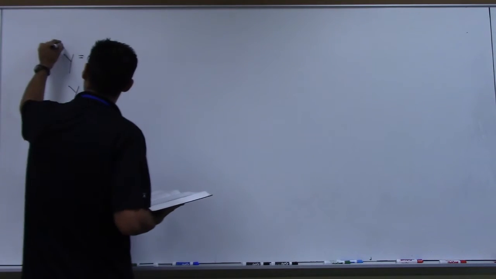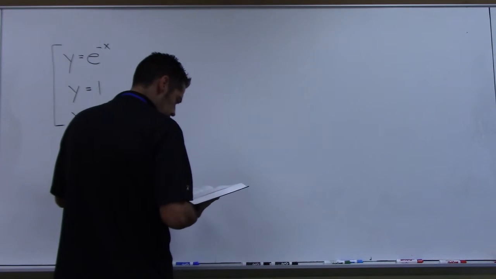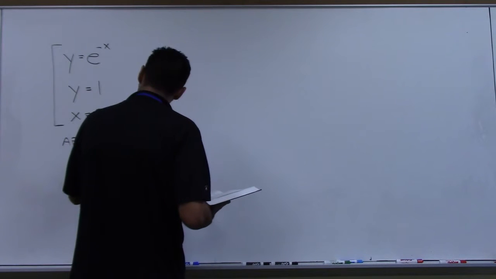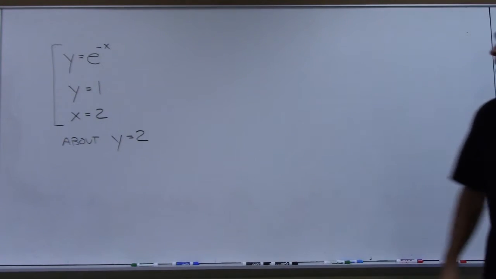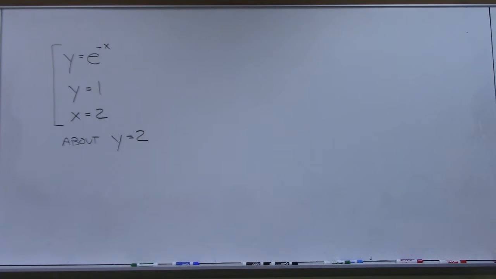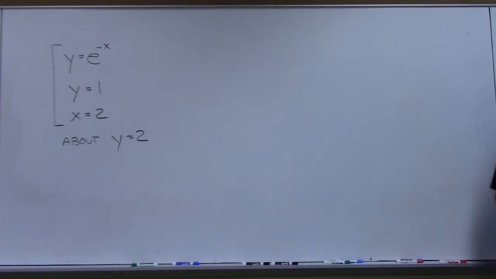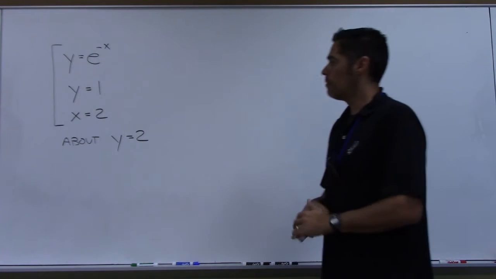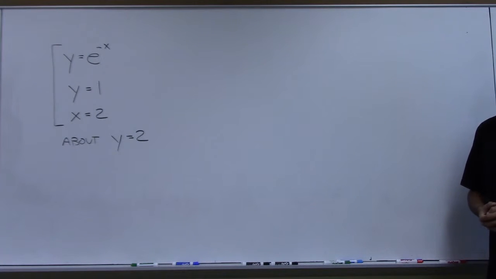Take that region and do it about y equals 2. Not the y-axis, not the x-axis, about y equals 2. And I'm really hoping that this problem is going to help illustrate how important it is to draw a good picture. You all ready? Here we go.